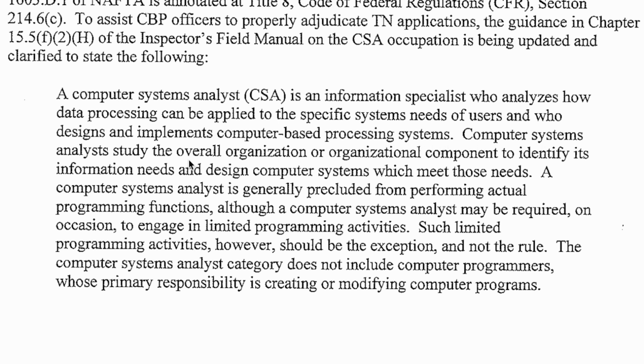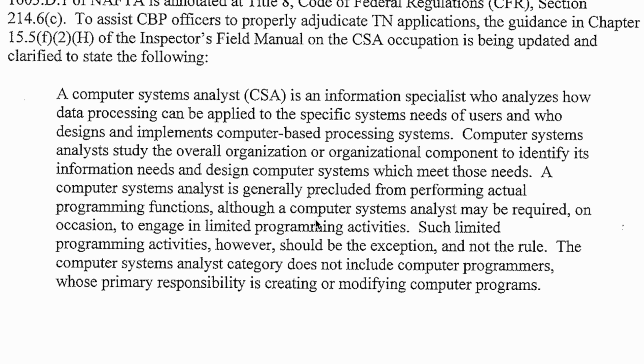Computer systems analysts study the overall organization or organizational component to identify its information needs and design computer systems which meet those needs. A computer systems analyst is generally precluded from performing actual programming functions.